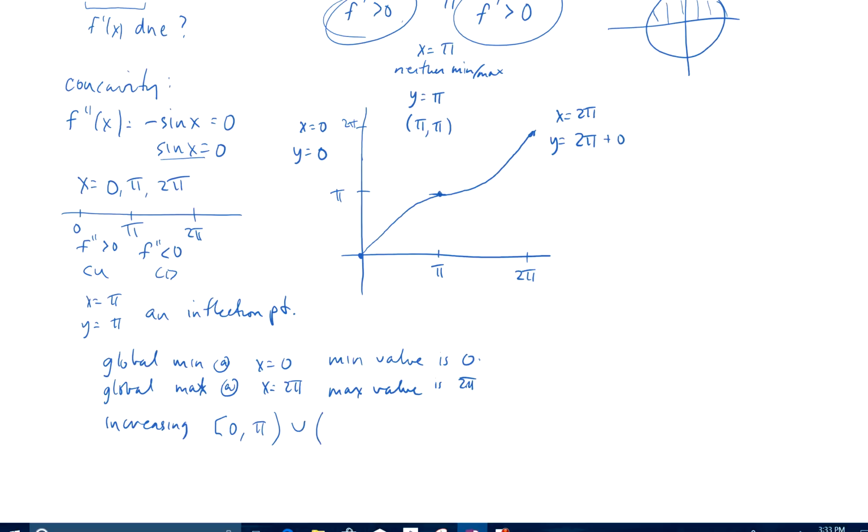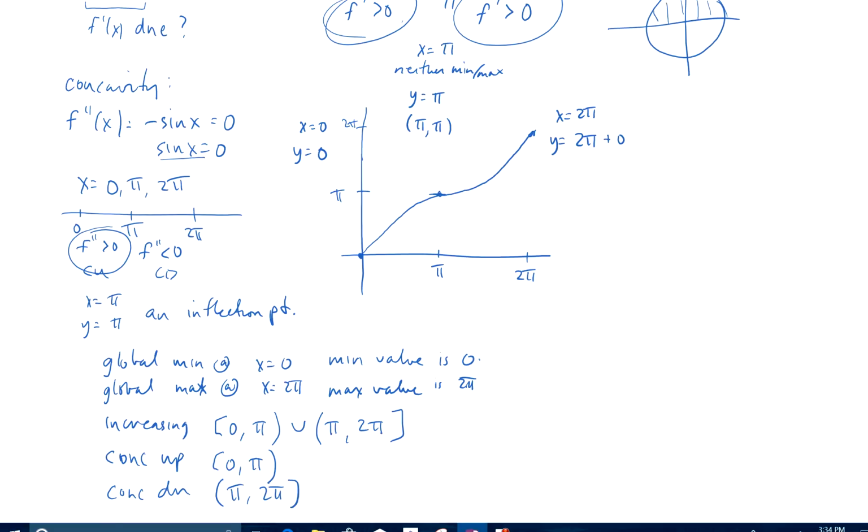And it's also increasing over here on the interval pi to 2 pi. Where is it concave up? That's this interval here, from 0 to pi, but don't include pi. And it's concave down on the interval pi to 2 pi.